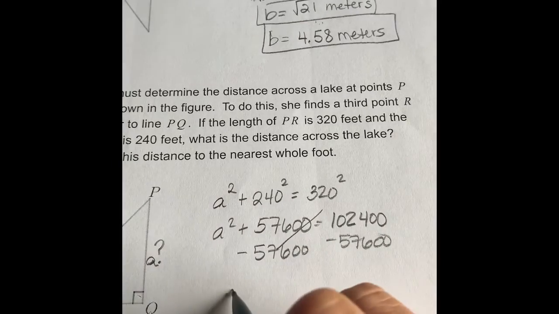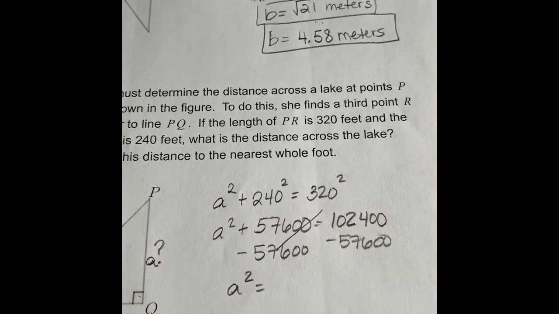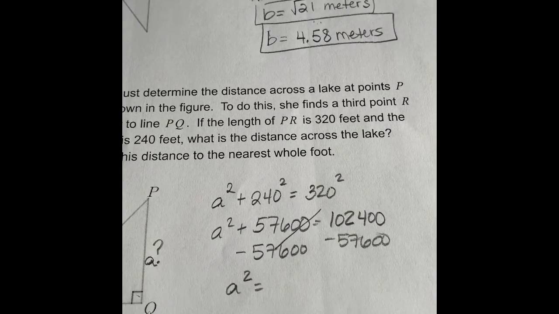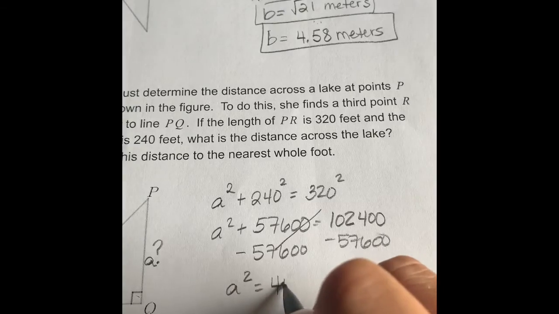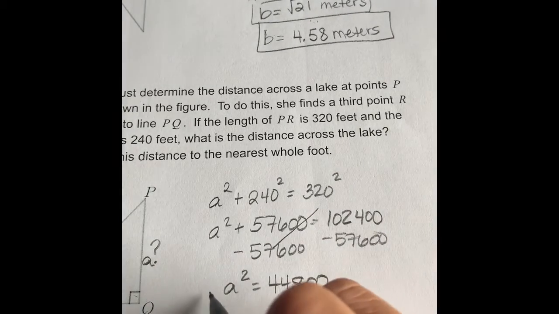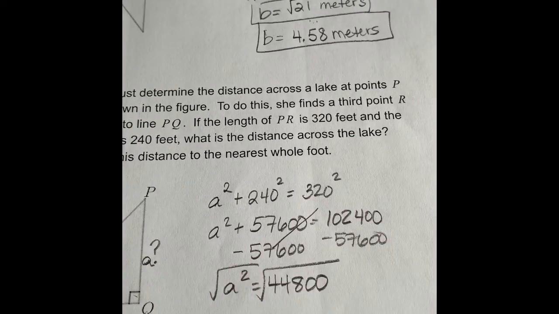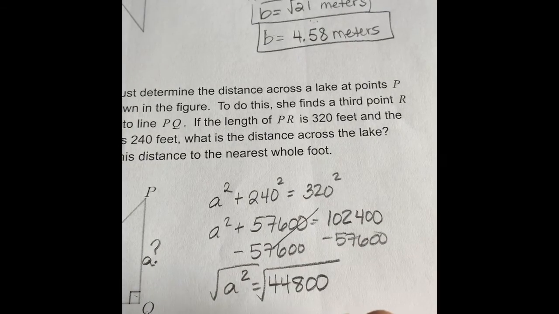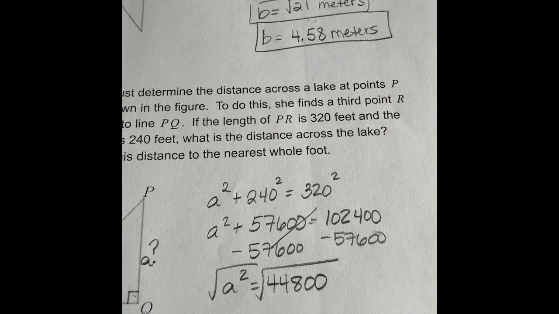Those will cancel there, so we're just left with A squared on the left-hand side. And we'll subtract those two to get 44,800. And then finally, we can square root to get rid of that square. So we have A equals, we're going to square root that answer.